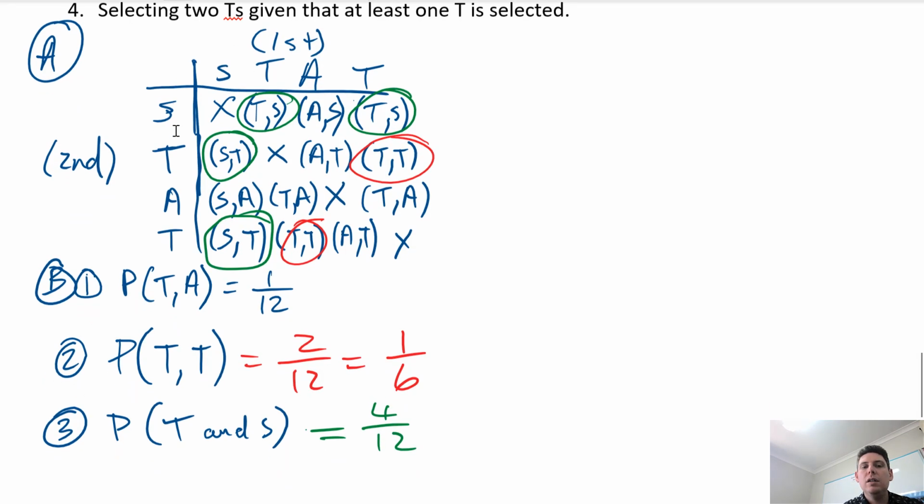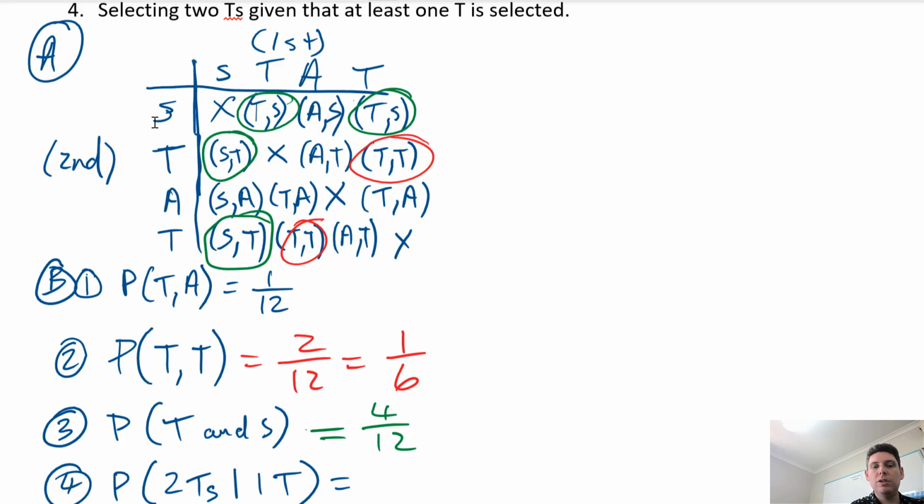Last one, this is a given statement. So selecting 2 T's given that at least 1 T is selected. So we're looking at all of the ones with 1 T, so the probability of 2 T's given 1 T. So we have a look.